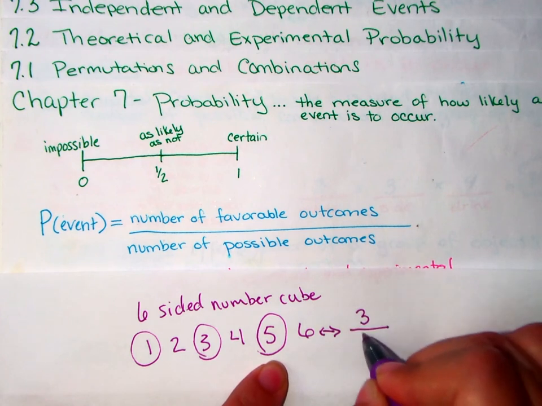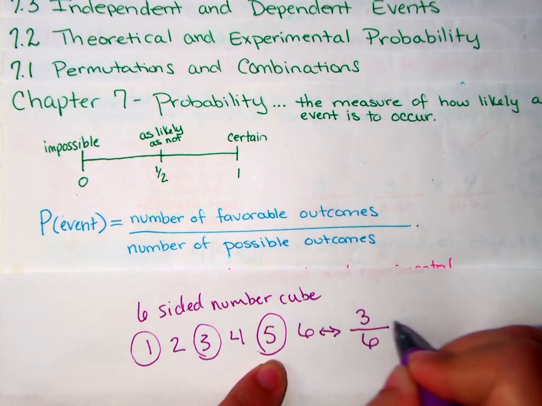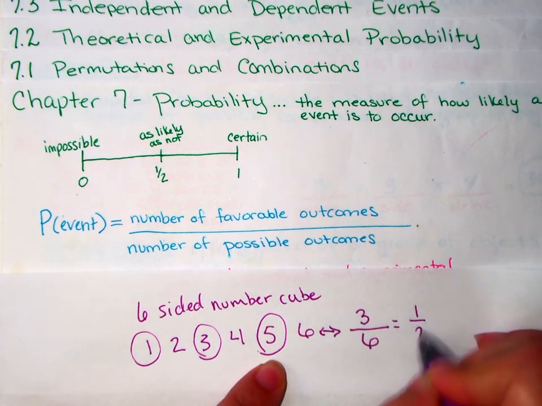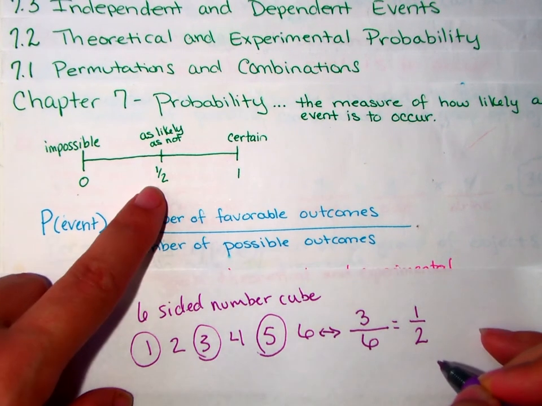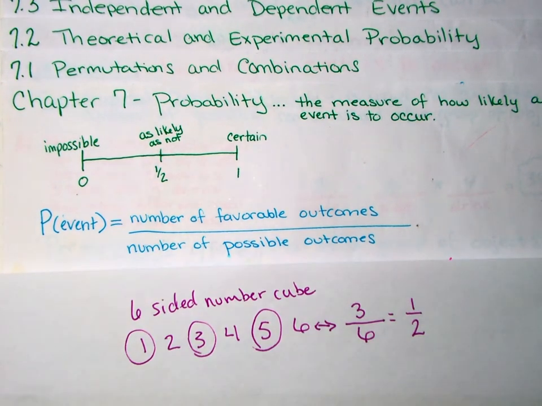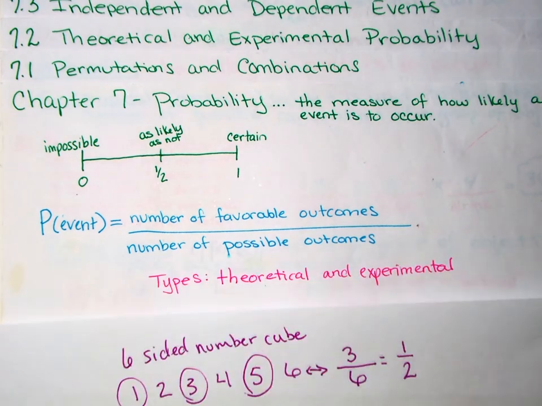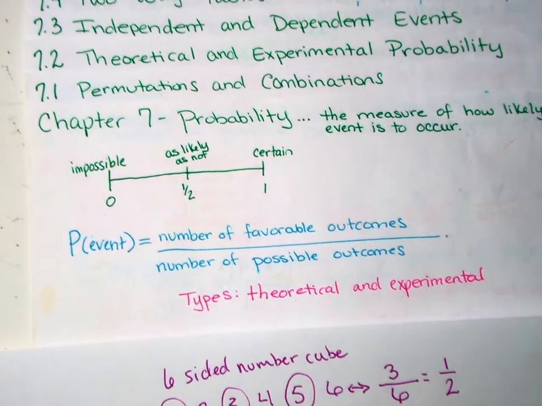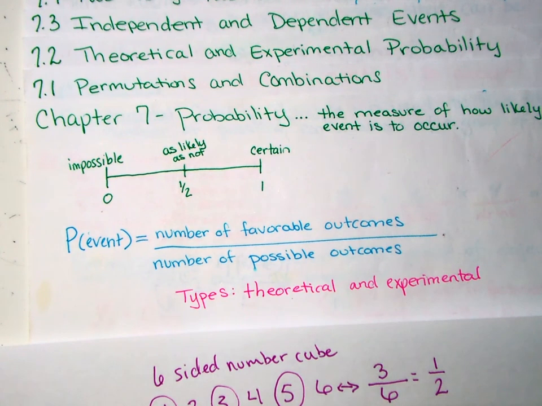And I have 6 options. Well, if I reduce that, I get 1/2, which we already decided was 1/2 up here. Okay? There are 2 types of theories. We have the theoretical and the experimental.